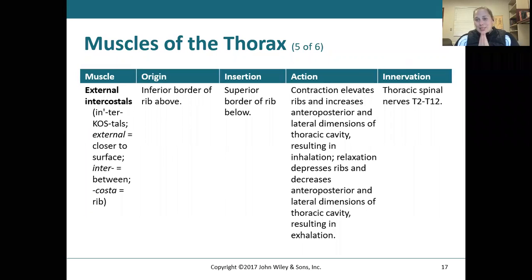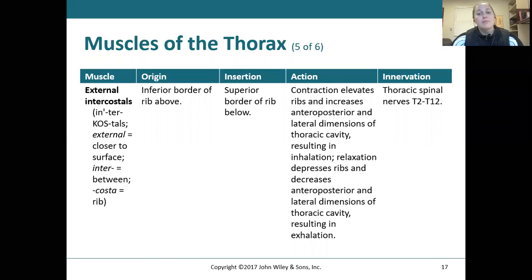Okay, continue our conversation. So intercostals. Whenever you hear the word intercostal, think of the ribs. And that should hopefully give you at least kind of a first jump as to where you might be finding this muscle group. So external intercostals: the inferior border of the rib above is where the origin is. The insertion is the superior border of the rib below. Its action elevates ribs and increases the anterior, posterior, and lateral dimensions of the thoracic cavity.